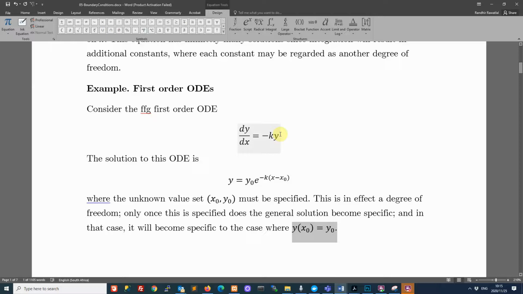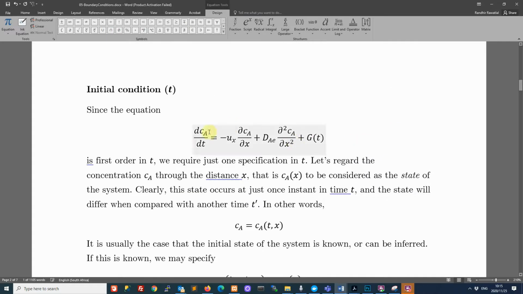So if you have an ordinary differential equation, an equation in just one independent variable, and there's just one output here, then we just nail down one condition, and that spans out a solution for us. Now, by analogy, in our situation, we have time. So let's say we're talking about time first, and we're thinking about an initial condition.